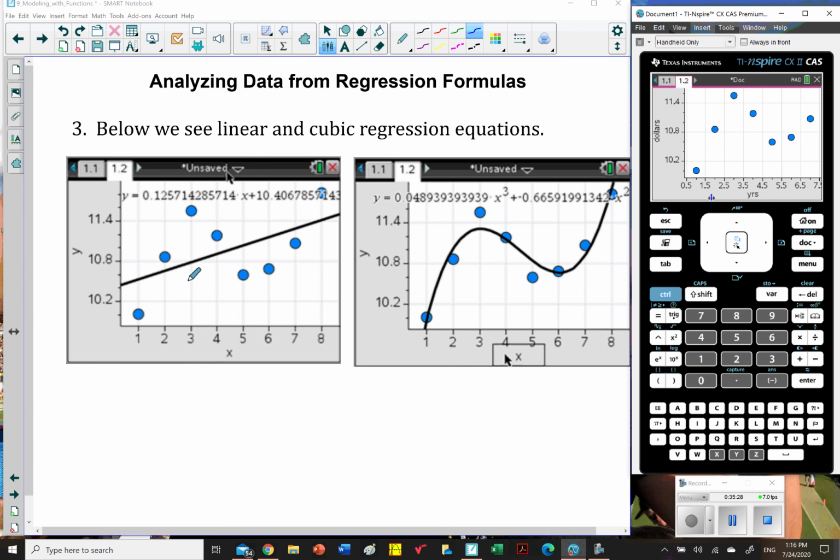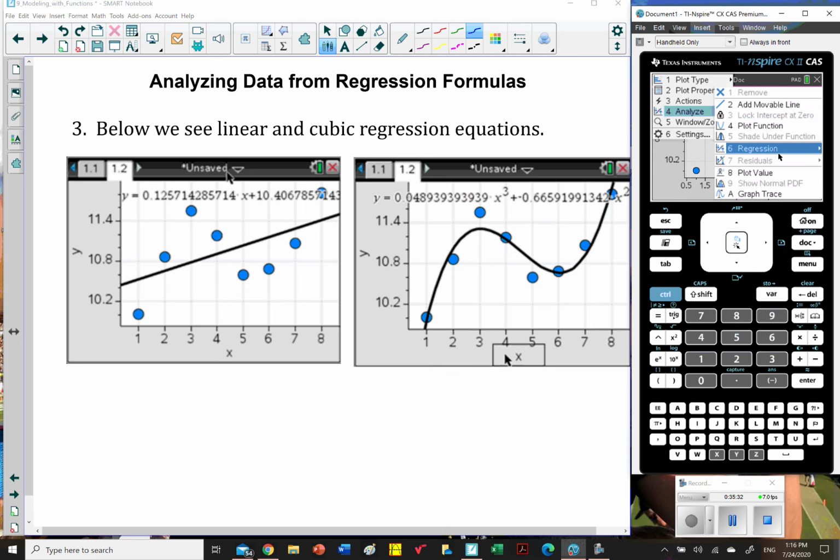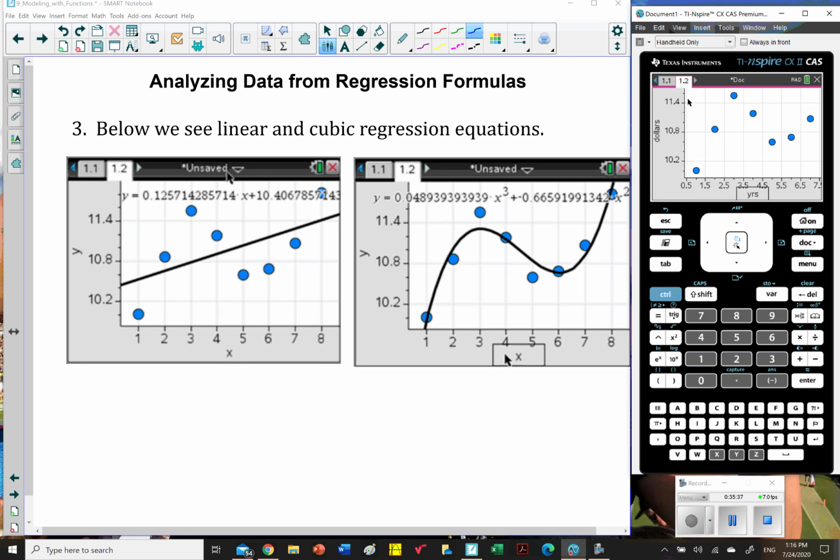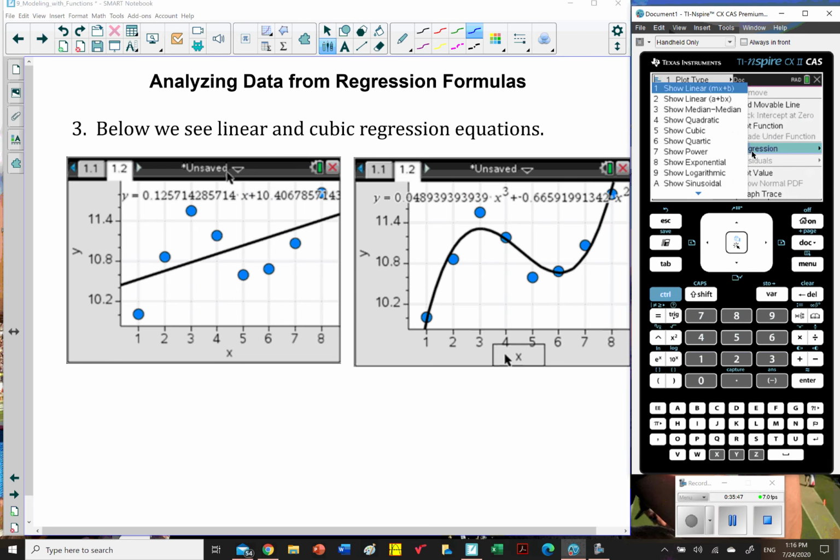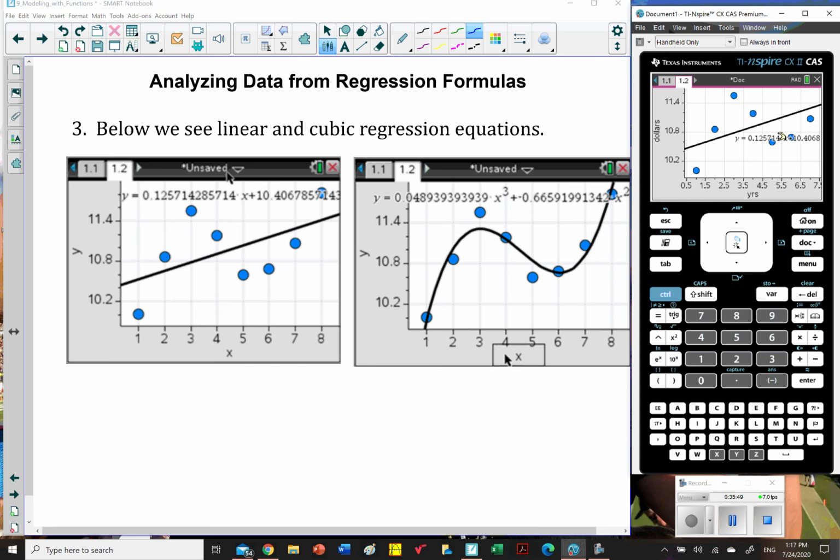Something's wrong with that. Menu, analyze, regression, cubic. Okay, too many arguments. Let's go back to the table. That's why it didn't match it. Important, huh? Try that again. Menu, analyze, regression, linear. There we go.